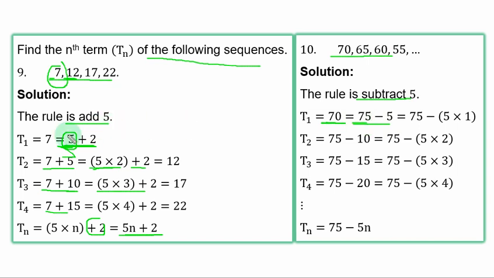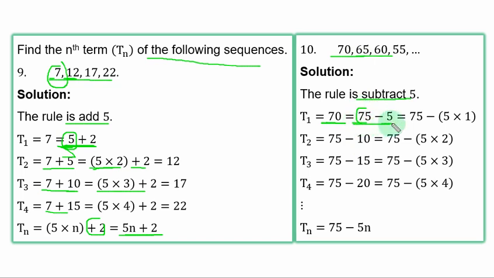The same way 5 and plus 2 helped us here. So for us to get the second term now, you have to subtract 10 from 75 to get 65 and so on. Now we have settled this case.